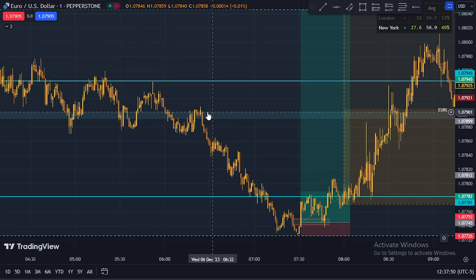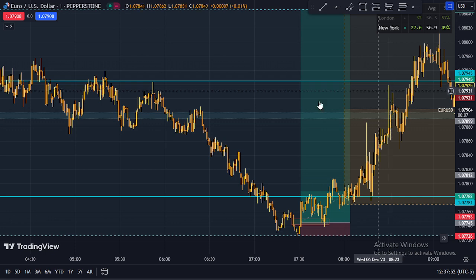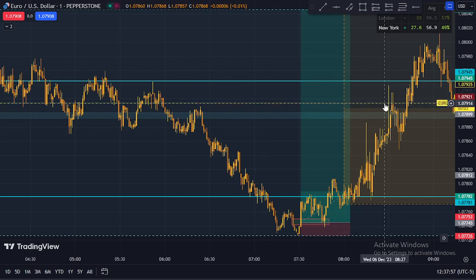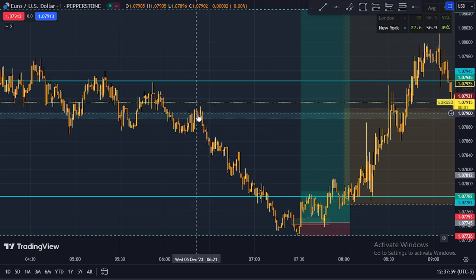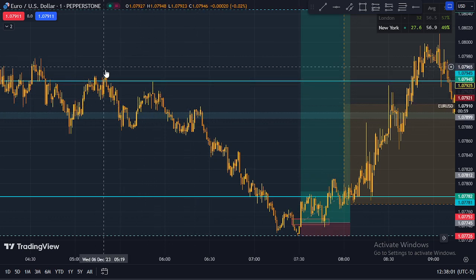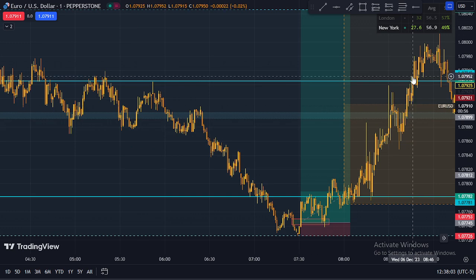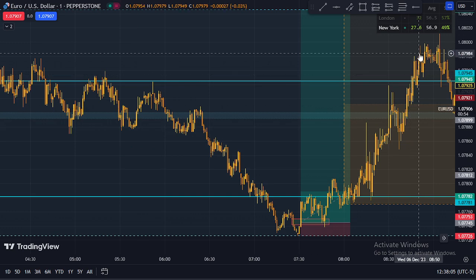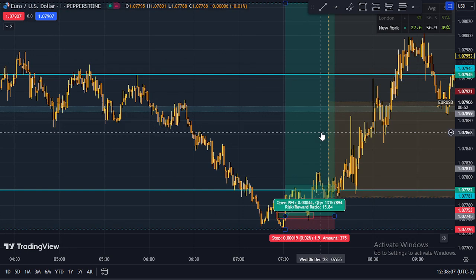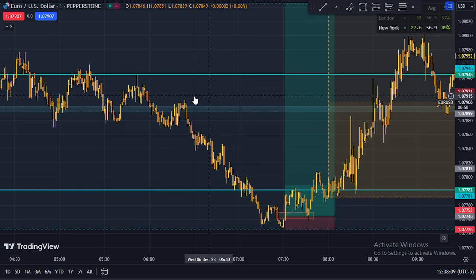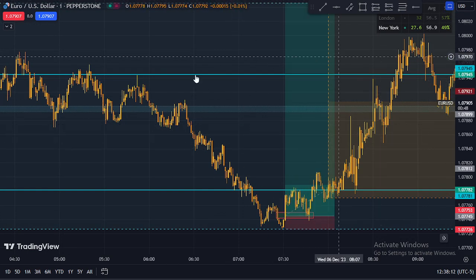And by the way, if a high gets taken out, there you should be taking partials. If your broker allows for that, you should be taking partials right there, and there. You should be offsetting your position as you head upwards, because no one is sure the price will go up here.